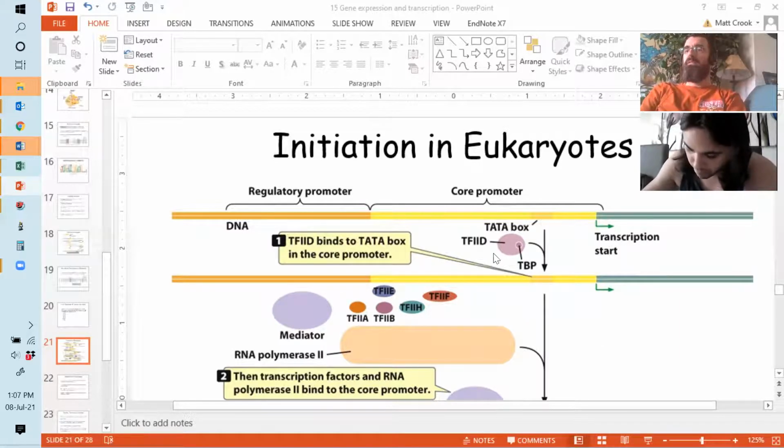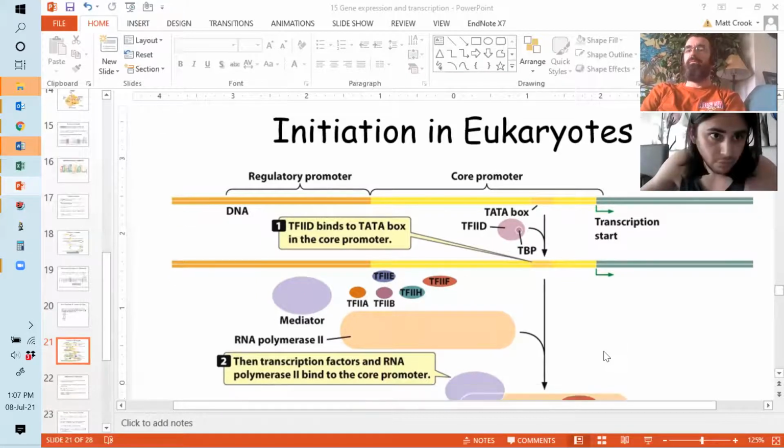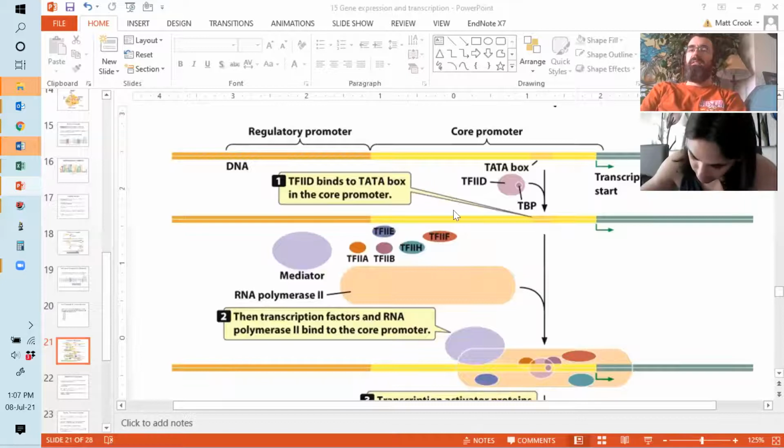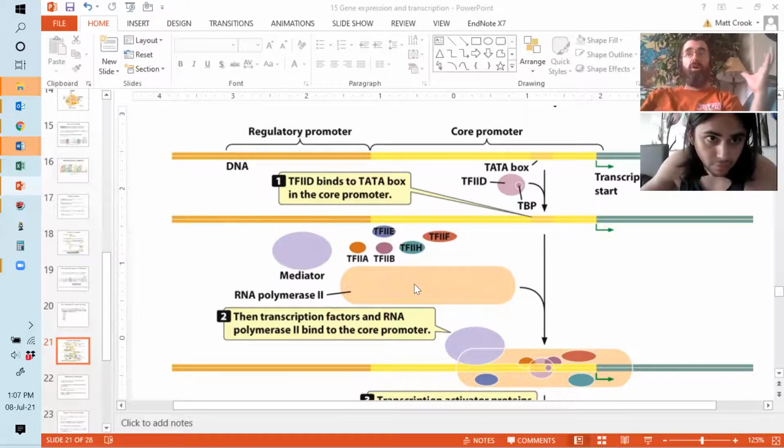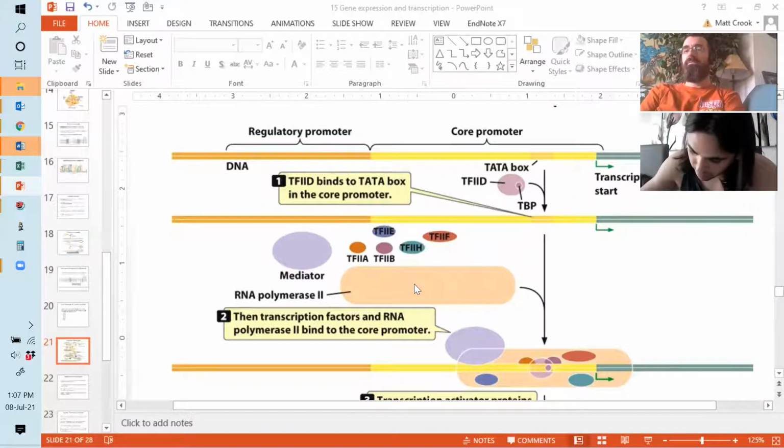So once TBP and transcription factor 2D bind to the TATA box, that causes everything else to assemble: RNA polymerase 2, which again is a large multi-unit enzyme, and the other 5 transcription factors. These are also involved in kind of retaining RNA polymerase so it doesn't wander off.